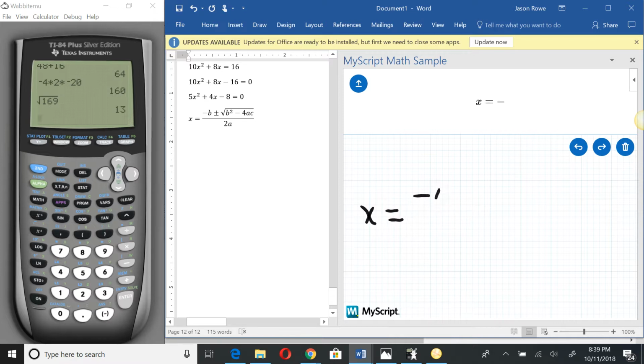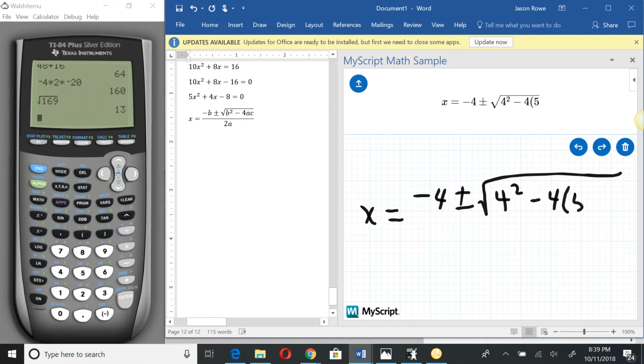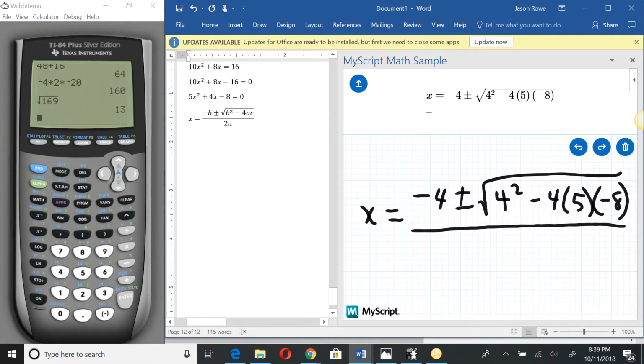Opposite of b, plus or minus the square root of b squared minus 4 times a, which is 5, times c, which is negative 8. All divided by 2 times 5.